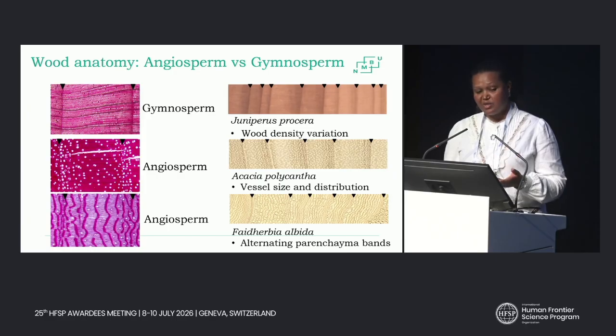As you can see in the last one, there are also some species, which happens to be one of our two samples we propose to test our method, that have completely strange wood anatomy. In this case, it's the parenchyma bands which we are using as a marker for tree rings.